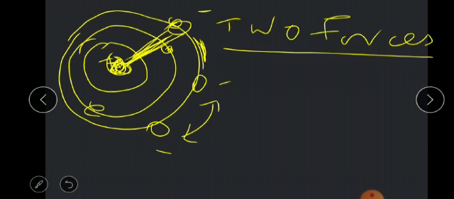At the same time, between the two electrons a force is also exerted, a repulsive force, because both have similar charge, and similar charges repel each other. Here is the electrostatic attractive force, and here the repulsive force. Which one is at the higher energy level?